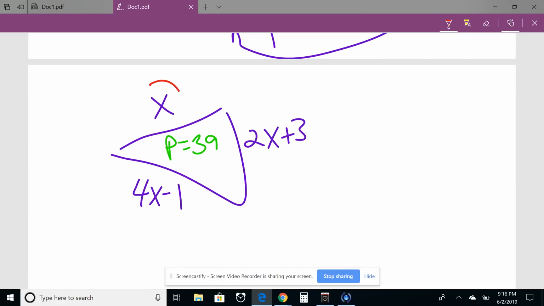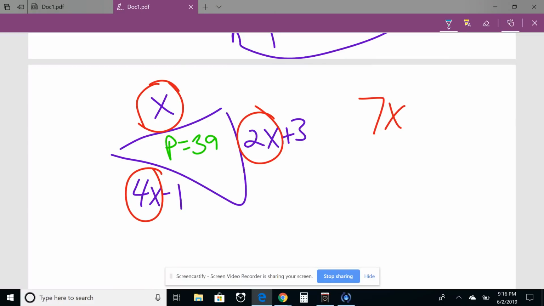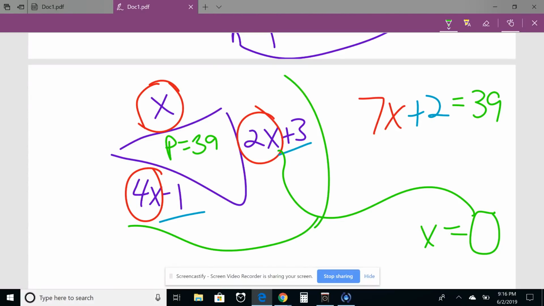Combine the like terms, x plus 2x plus 4x, which is 7x. 3 minus 1 is plus 2 equals 39. And you get your x with that, whatever that equals, and plug it back in on your perimeter.